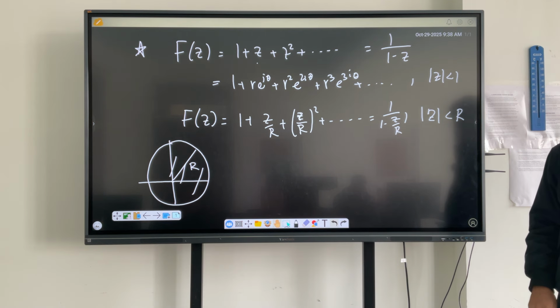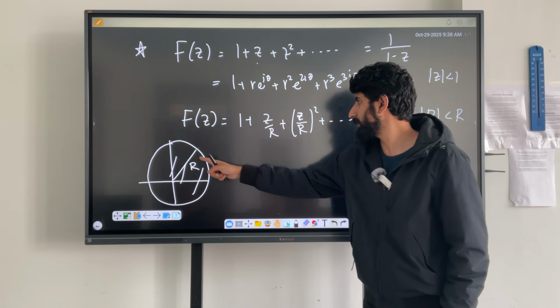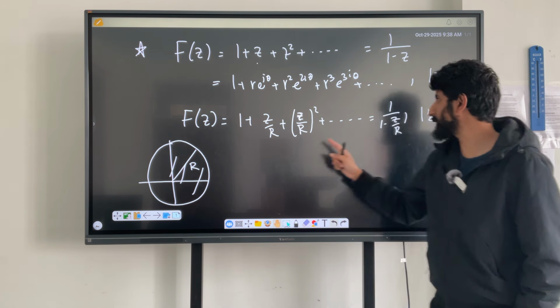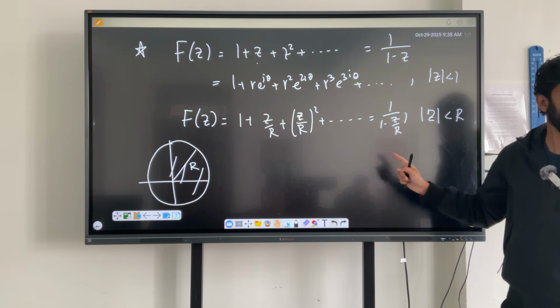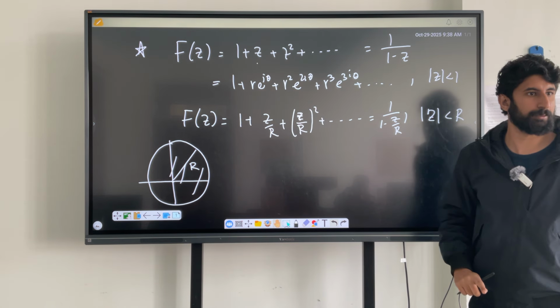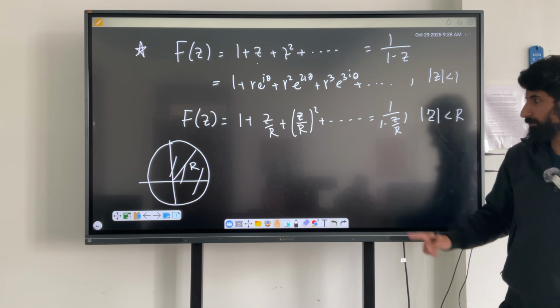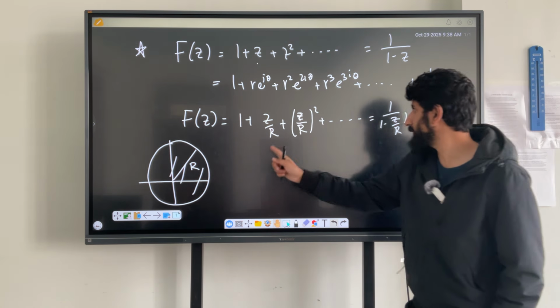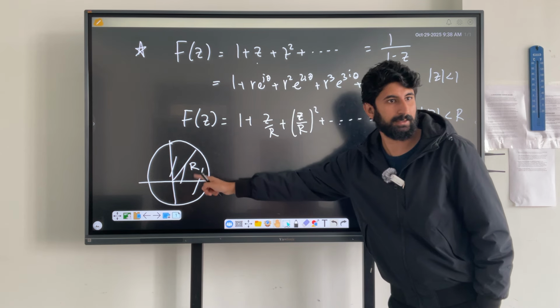We'll learn that outside there is a different representation of this function, and we'll learn the reason why it would be different. But for now, this is equal to this only when this holds.